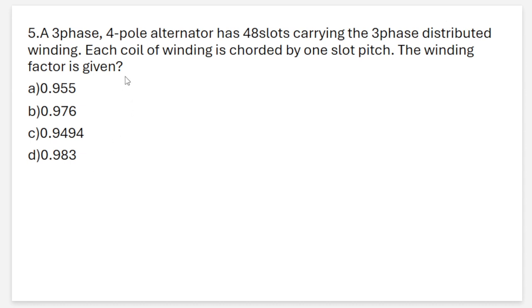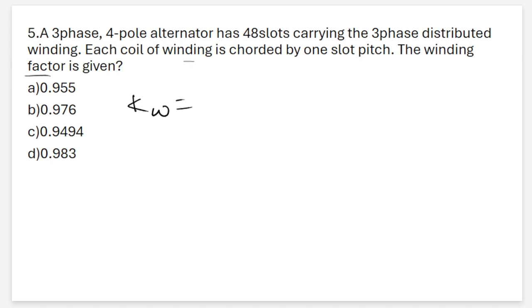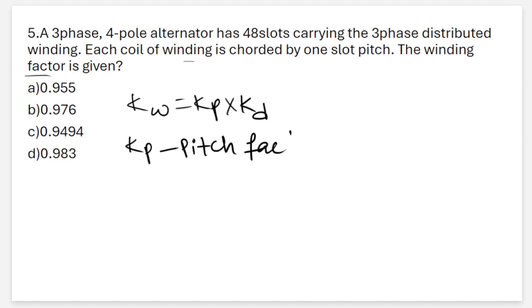Okay, the answer is here. What we have to find out is the winding factor. We use the formula winding factor Kw is equal to Kp into Kd, where Kp is the pitch factor and Kd is the distribution factor.